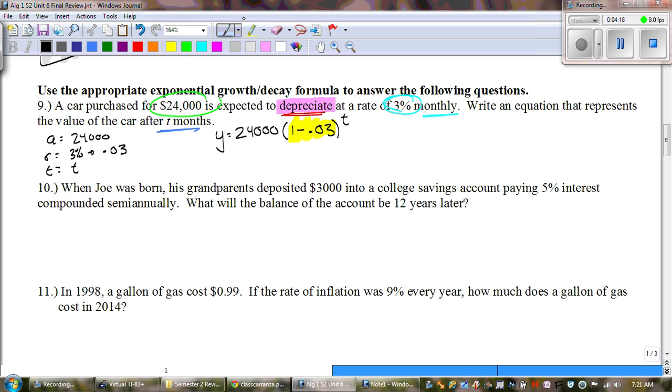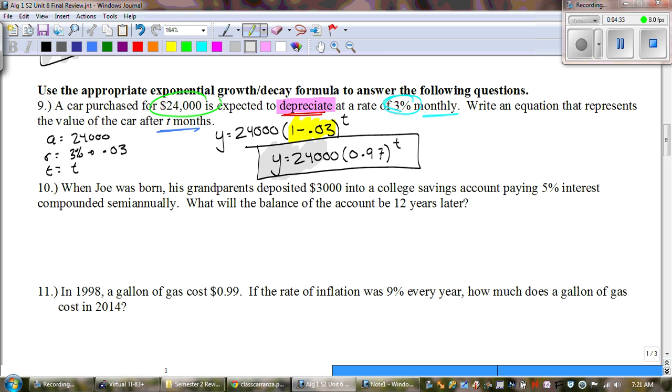We can simplify that. What did you get? You should have gotten 0.97. Now we can tell that this is depreciating just by looking at that 0.97 because it's less than 1. I know that it's going to depreciate in value.